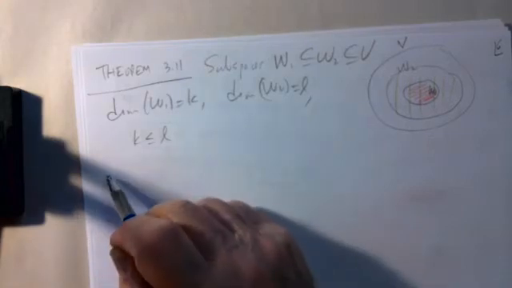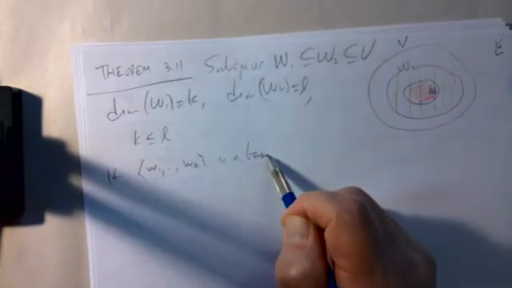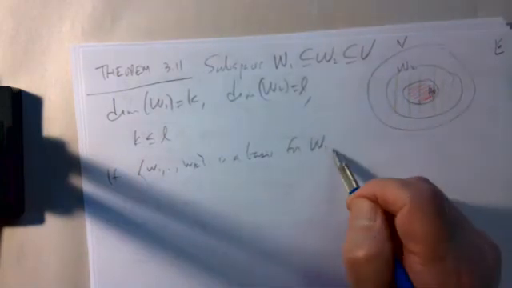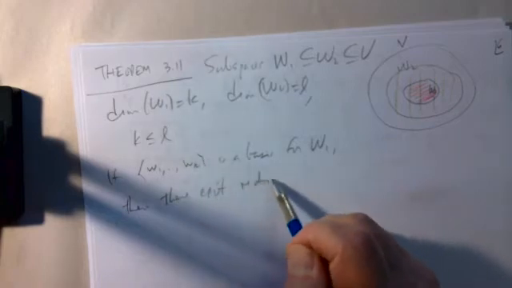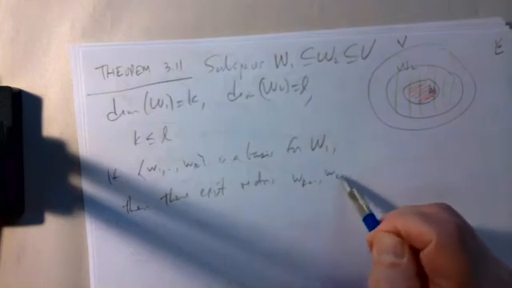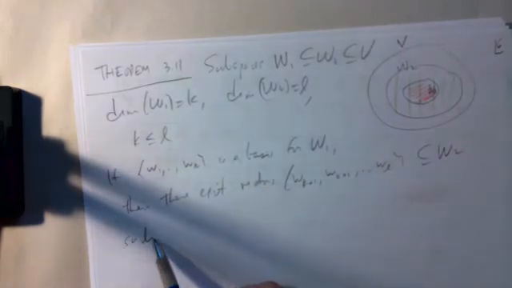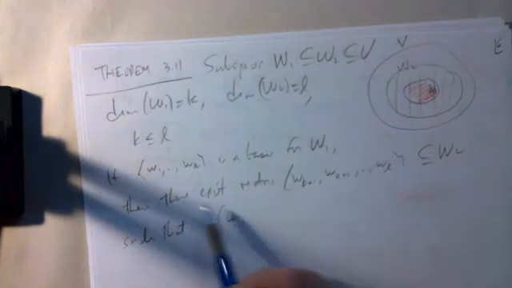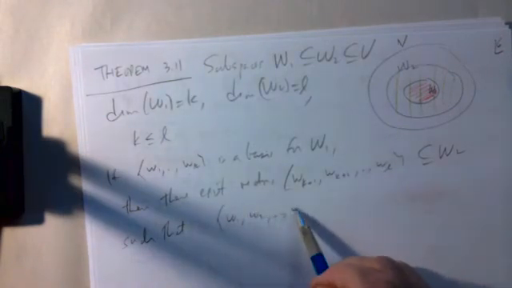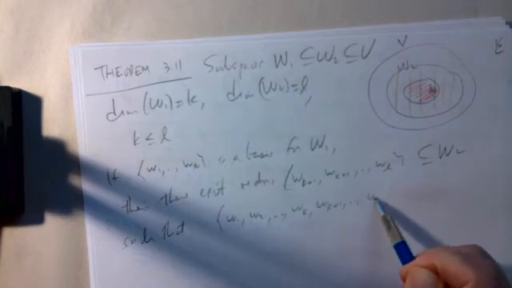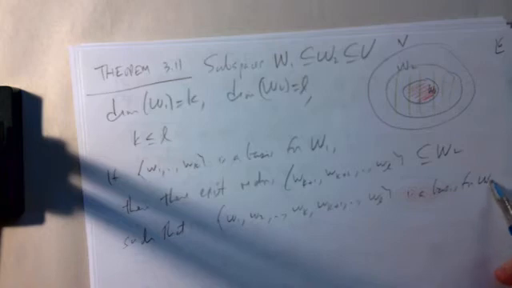So the theorem says that if w1 up to wk is a basis for the smaller subspace W1, then there exist vectors w sub k plus 1, w sub k plus 2, up to w sub l in W2 such that the set of k plus (l minus k), so l vectors, so you take the union of these two sets, is a basis for W2.